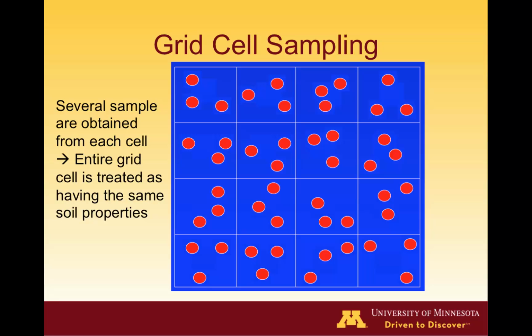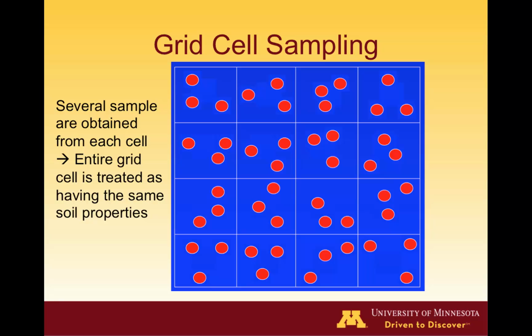For grid cell sampling, several samples are obtained from each cell, but since you treat the whole grid as having uniformly distributed soil properties, the entire grid cell is treated the same.